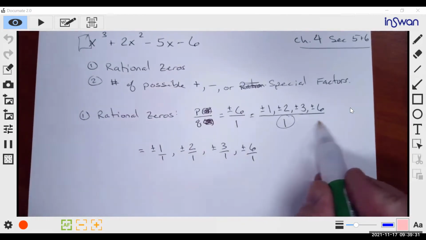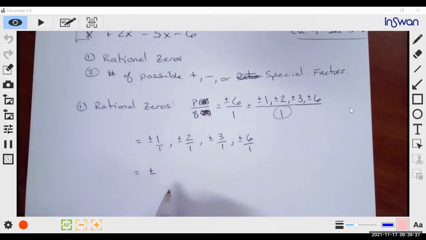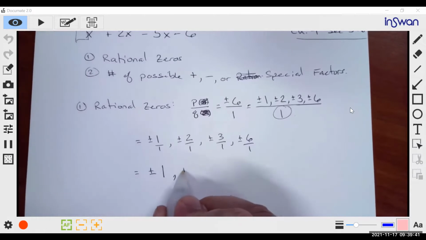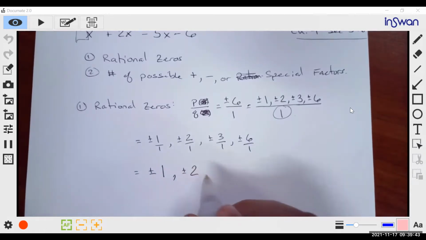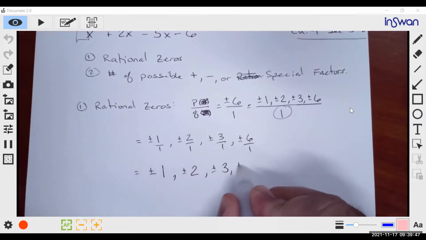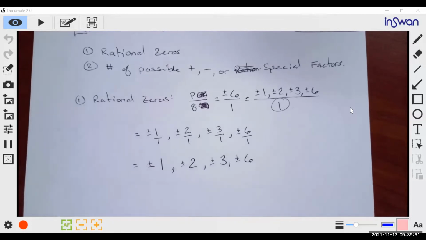If we had another denominator, we'd do that whole list again. So our possible rational zeros, 1 divided by 1 is 1, 2 divided by 1 is 2, 3 divided by 1 is 3, and 6 divided by 1 is 6. So those are our possible answers.